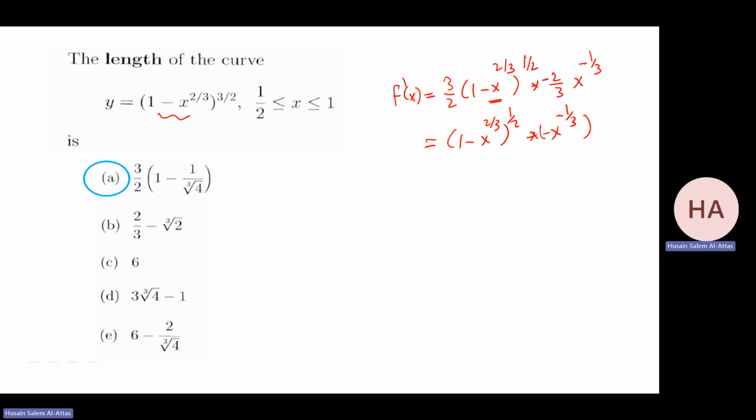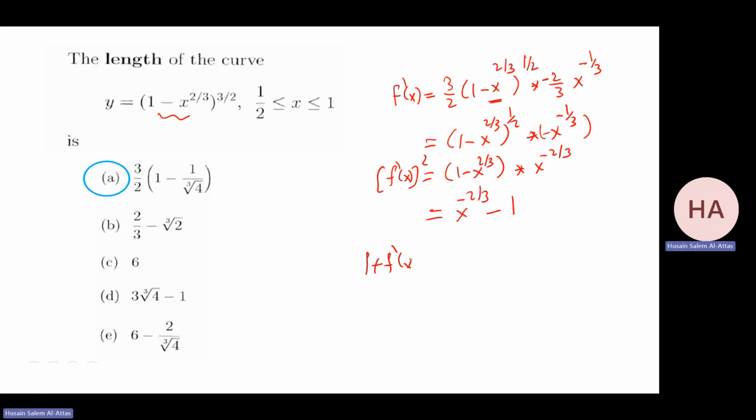Yeah. Right. Now I need to square this. F prime square gives me 1 minus x to the power 2 over 3 times x to the power minus 2 over 3, which is x to the power minus 2 over 3 minus 1. Yeah.